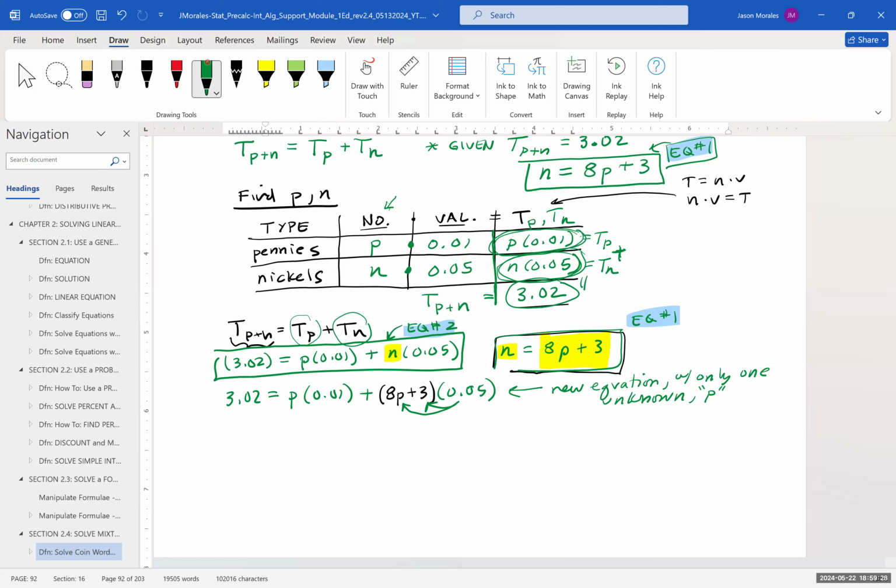So let's go ahead and write down what we didn't change. So we're not changing this. This is going to be 0.01p. And then 0.05 times 8p. That's going to be 0.04p. And 0.05 times 3 is 0.15.